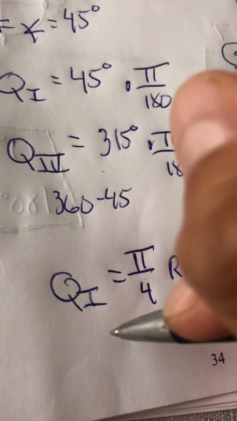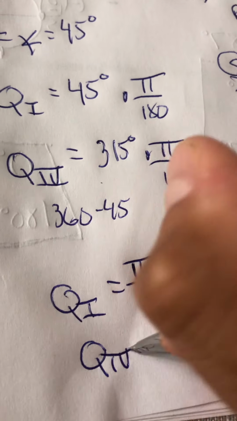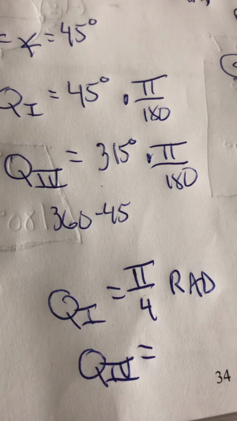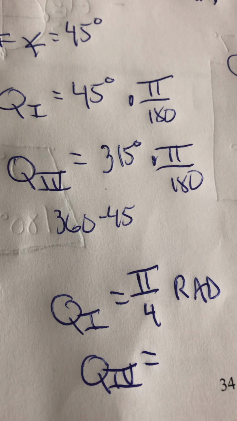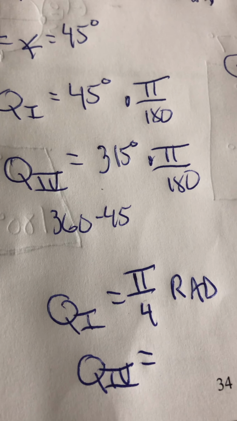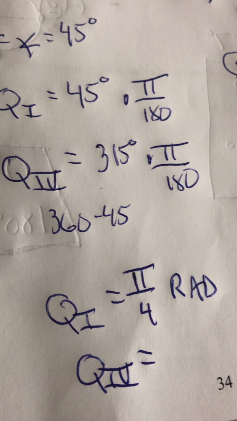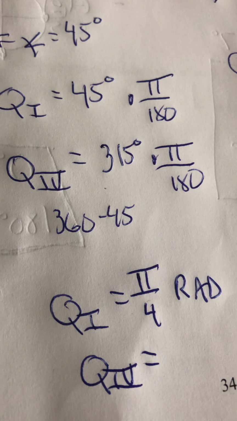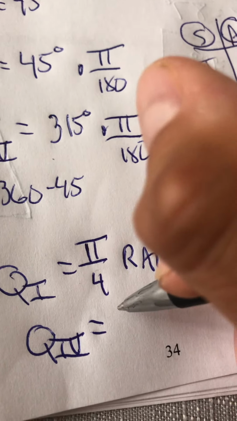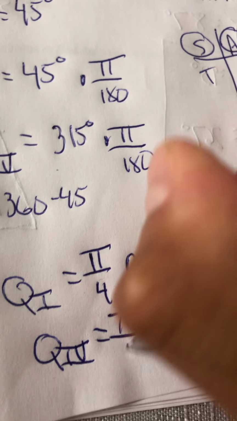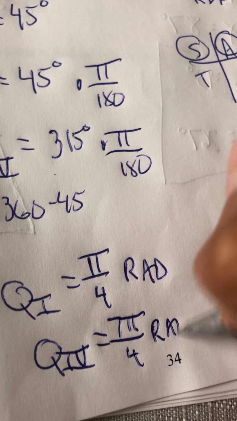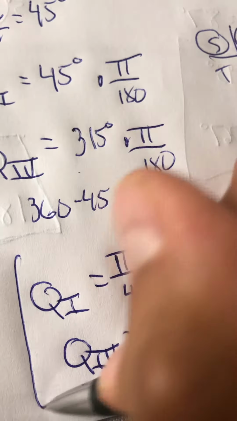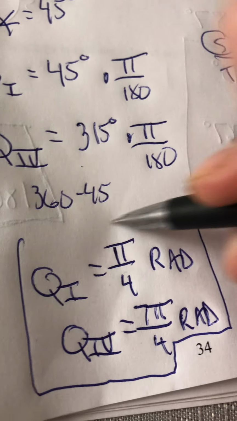And in quadrant 4, we would have 7 pi over 4 radians. And those are our solutions in radians.